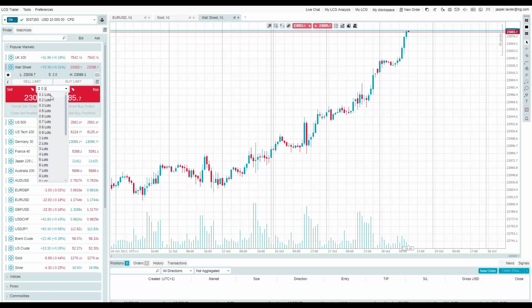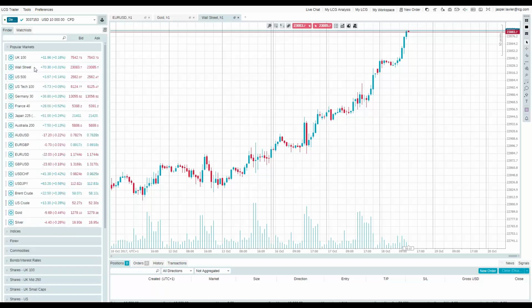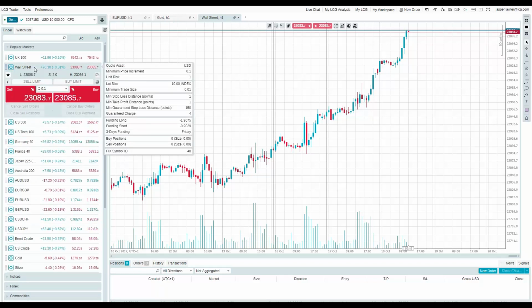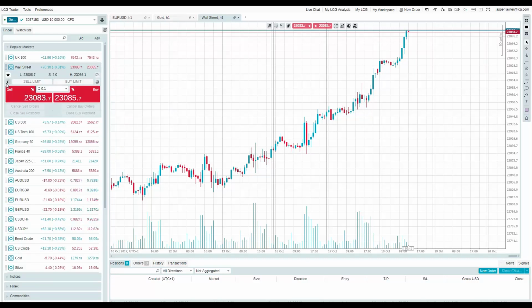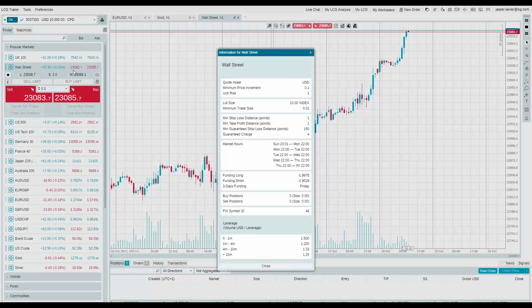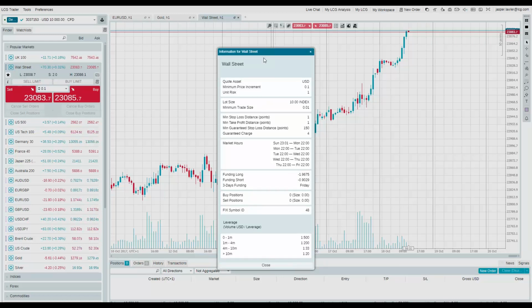So what does a lot mean? It means universally one thing, but each contract has a slight variation on what a lot is. There is a little box that pops up when you hover over, but I like to just click on this information button. It gives you all the information right here, and you can see that a lot size is 10 times the index.